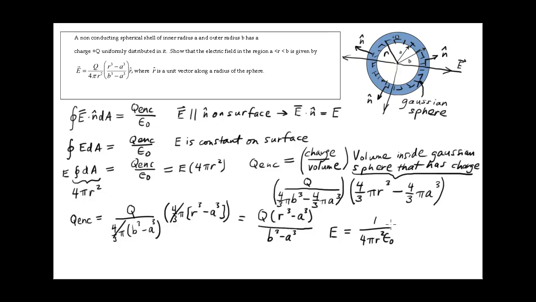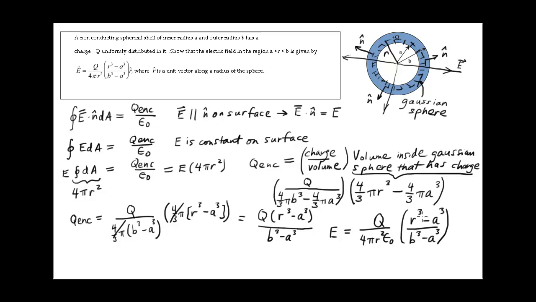So it's Q, might as well just put the Q here in the numerator, and then we've got r cubed minus a cubed over b cubed minus a cubed. Close the parentheses, and that gives me, as we always get from Gauss's law, only the magnitude of the electric field. So we have found the electric field within the region between r equals a and b. This formula is valid anywhere between r equals a and b.